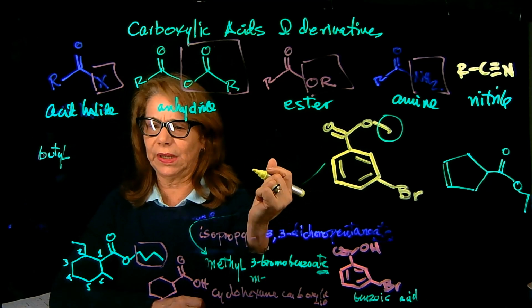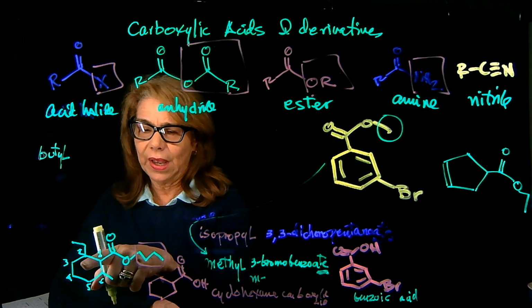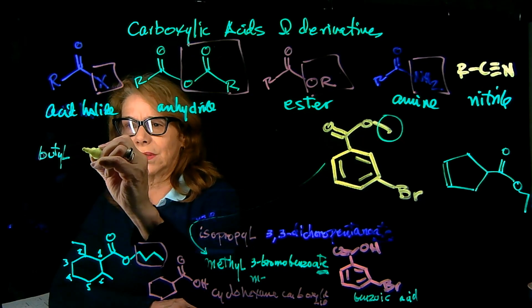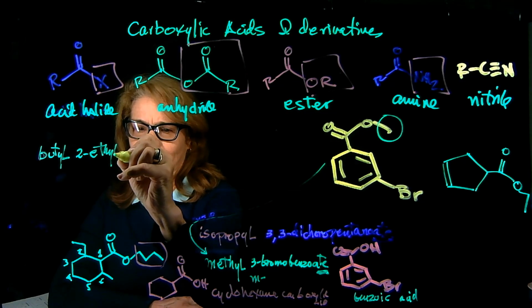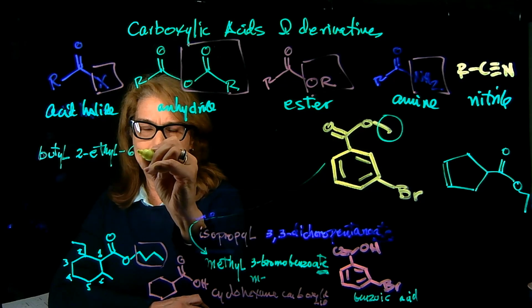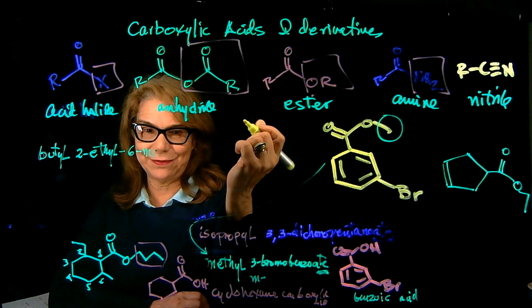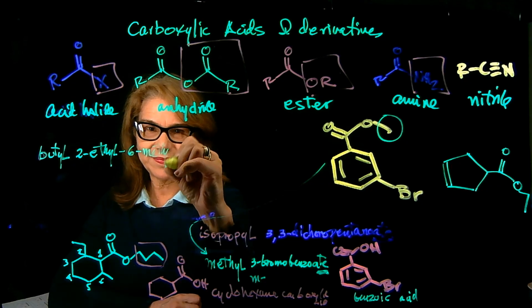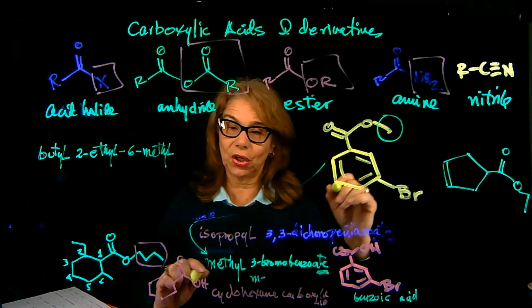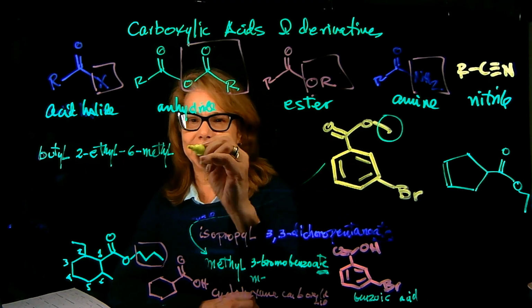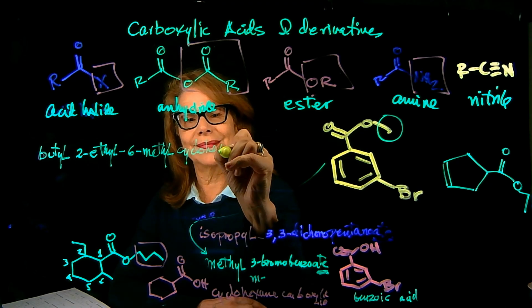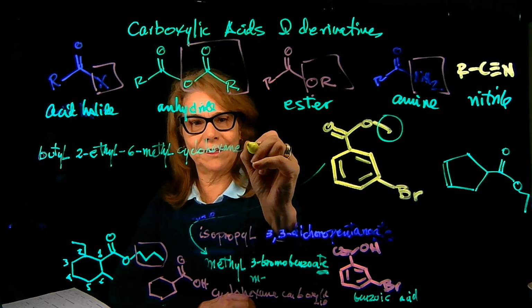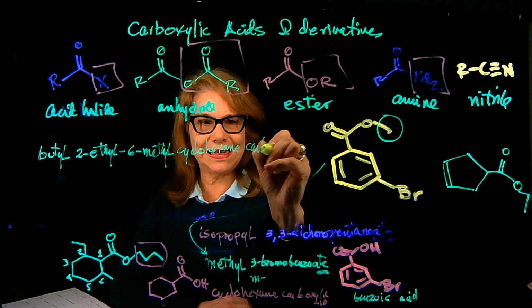This is butyl, and then 2-ethyl, 6-methyl, listing alphabetically. And this is cyclohexane carboxylate.